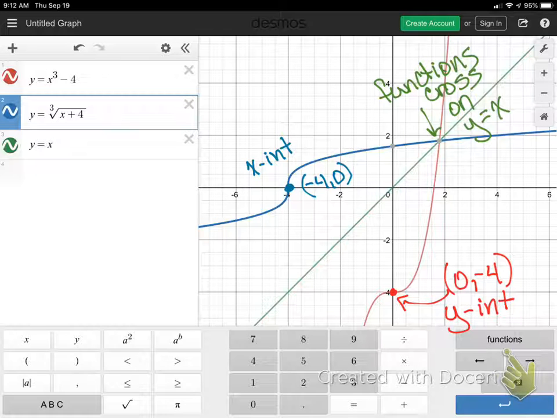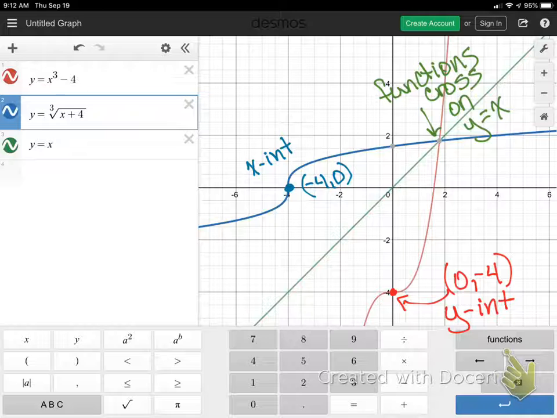Okay. When I am talking about x to the third, if I plug a negative number in for x, like negative 2, what is negative 2 to the third power? That's negative 8.